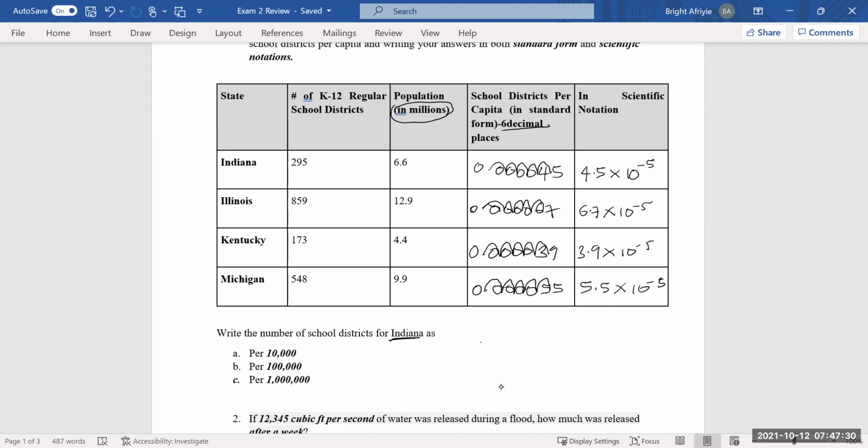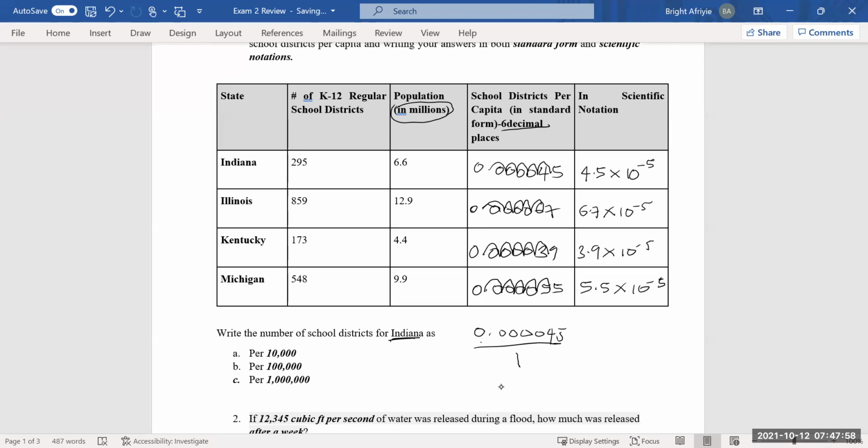Because the value we got for Indiana is 0.000045, this is per person. So if you wanted to interpret this statement, this means that there were 0.000045 school districts per person in Indiana. Is that okay? So that's what this represents.